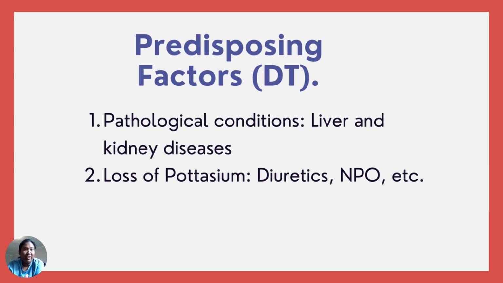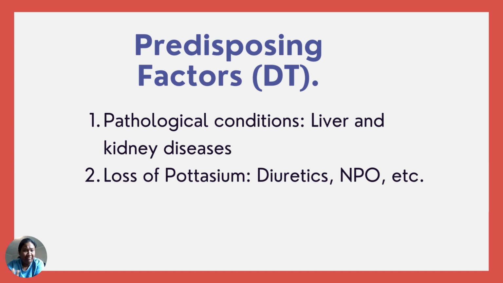And the second one is the loss of potassium. It's very important that the patient has optimum level of potassium, especially when they are on this drug. What could be the loss of electrolytes in the body? What all are the reasons, or what all are the conditions where we lose electrolyte from the body?